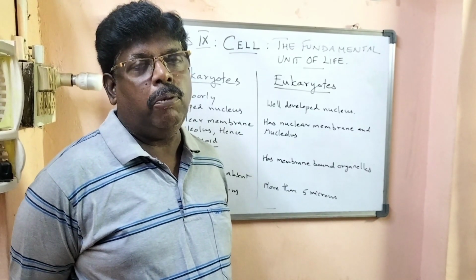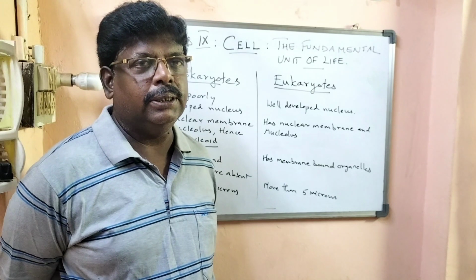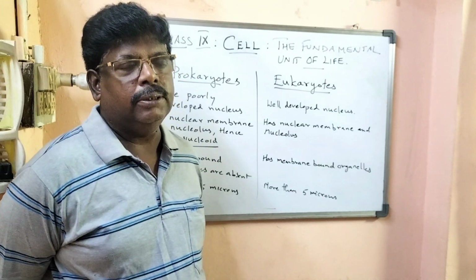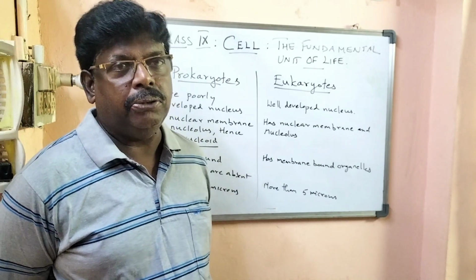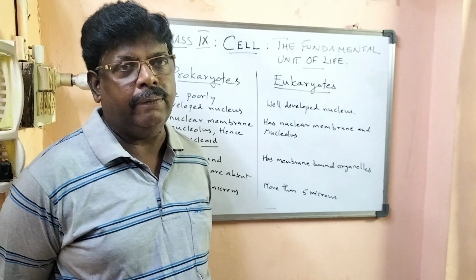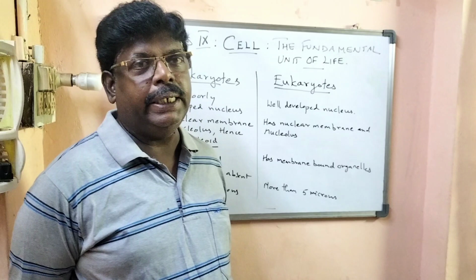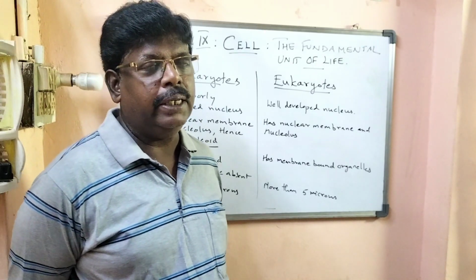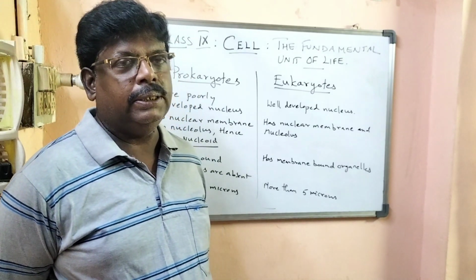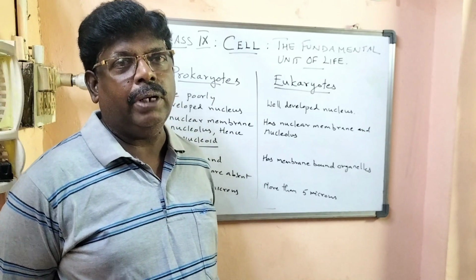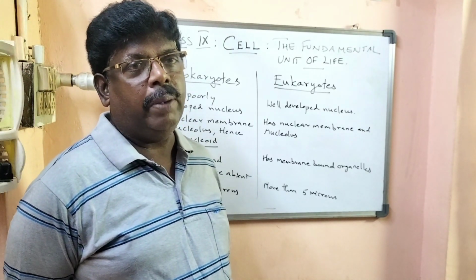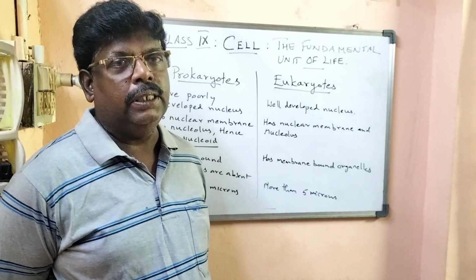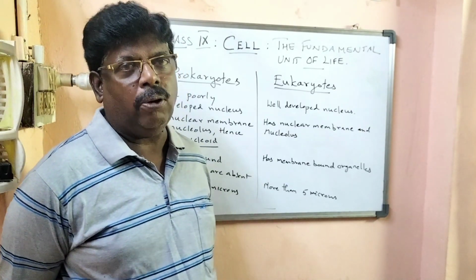So now let us see about prokaryotes and eukaryotes. Prokaryotes. Karyo means nucleus. Pro means primitive. The organisms which have a primitive nucleus. In that nucleus, there won't be any nuclear membrane, no nucleolus, and such organisms don't have membrane-bound organelles, and they are less than 5 microns.